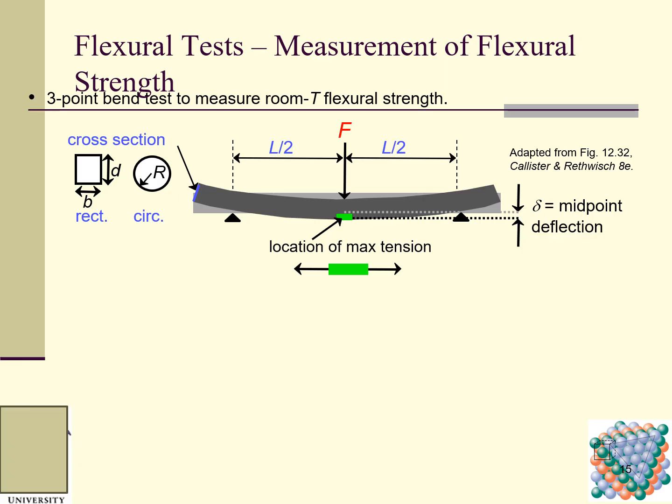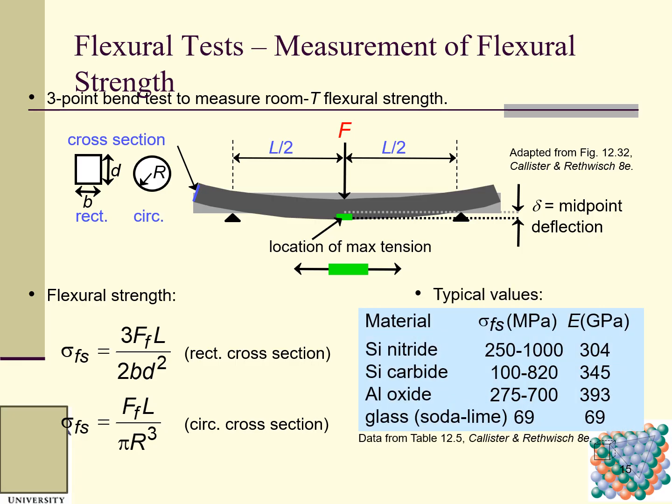Delta is the midpoint deflection. So fractal testing strength is the material parameter, and it equals these two equations, which are for different cross-sectional areas: this is rectangular, this is circular.